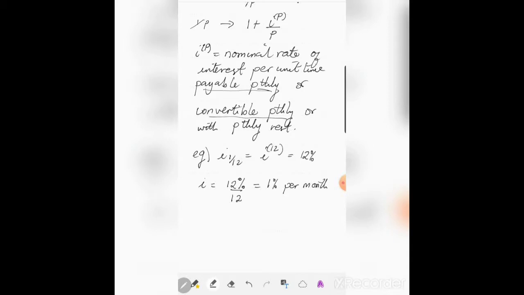Now nominal rates of interest are often quoted in practice, but it is important to realize that these need to be converted to effective rates to be used in calculations. So in this example, we're just converting this to the effective rate of interest per month.